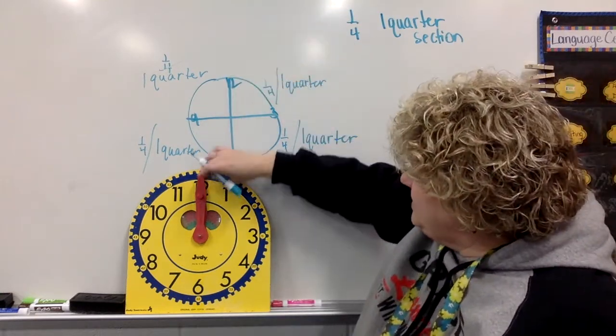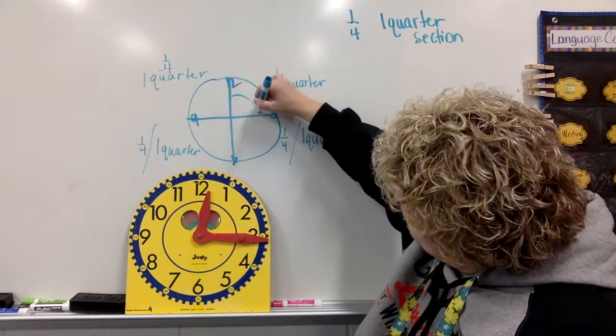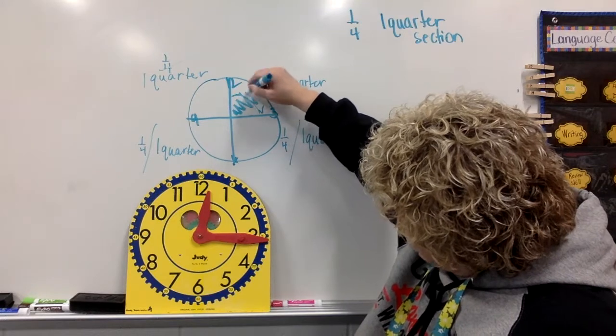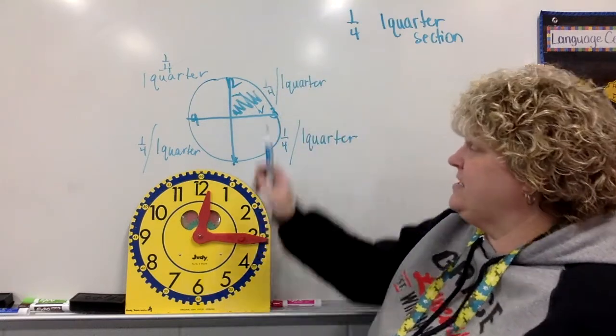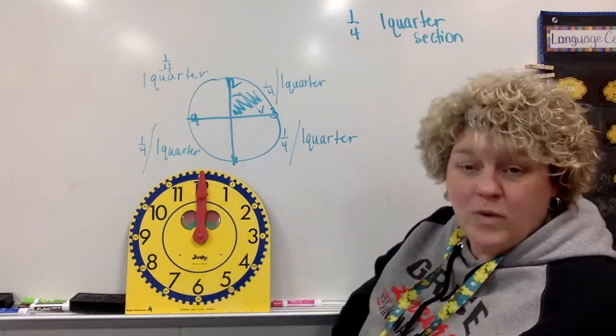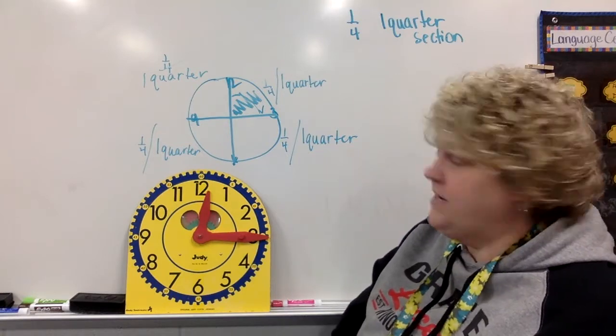So you would take this hand and you would go down to the 3. So we go to one section. So this section right here is 1/4. So this would be a quarter after, because we know the old clocks always go straight up. So this is 1/4 of an hour.